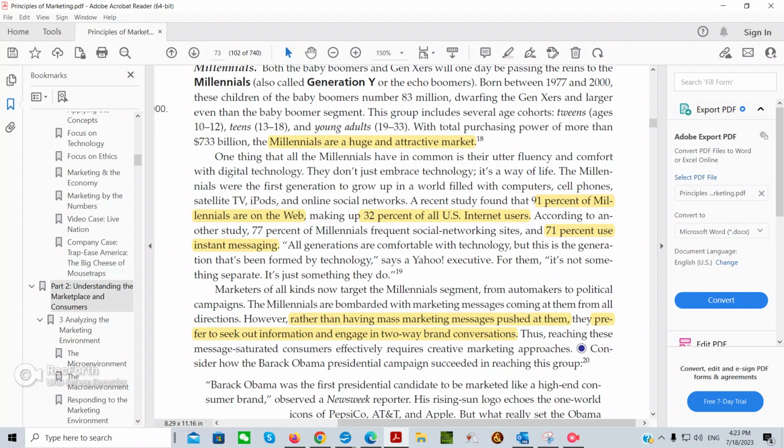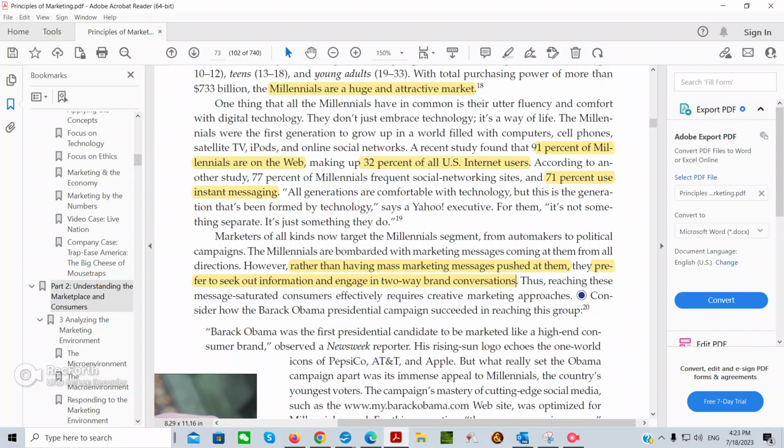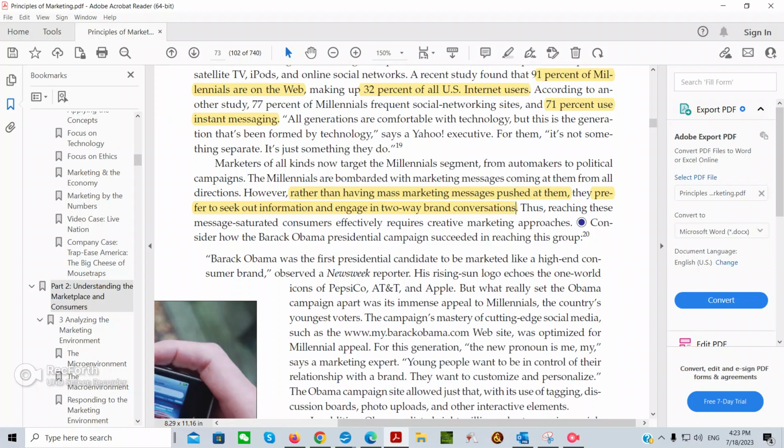Thus, reaching these message-saturated consumers effectively requires creating new marketing approaches. Consider how Barack Obama's presidential campaign succeeded in reaching this group. Quote, Barack Obama was the first presidential candidate to be marketed like a high-end consumer brand, unquote, observed a Newsweek reporter. His rising sun logo echoes the iconic logos of PepsiCo, AT&T, and Apple.